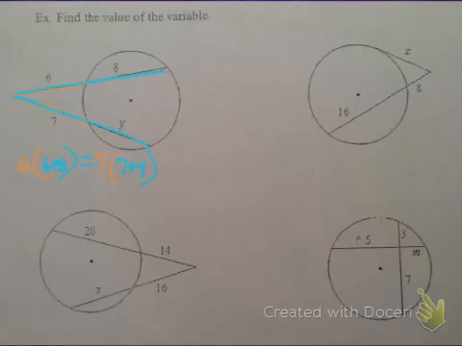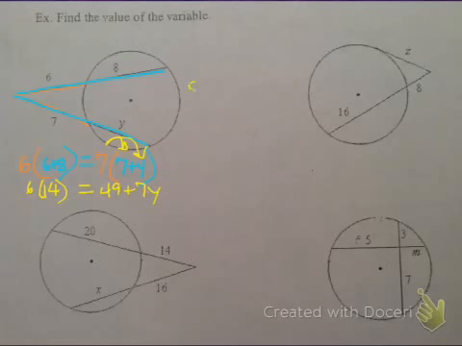All right, so we want to solve for y. Let's go ahead and simplify the left side of that equation. 6 plus 8 is 14, so we've got 6 times 14. On the right side, I'm going to go ahead and distribute my 7. So I've got 7 times 7 is 49. 7 times y is 7y. Okay, 6 times 14 is 84.